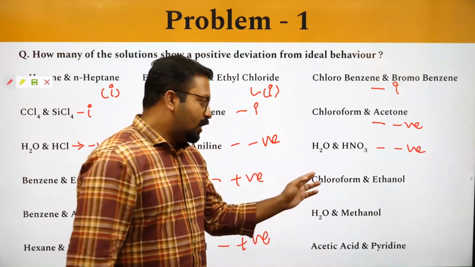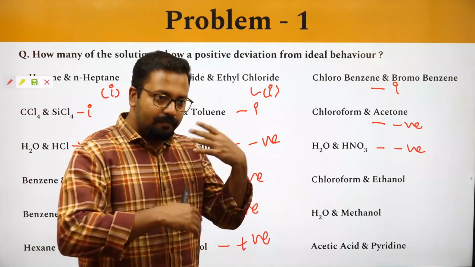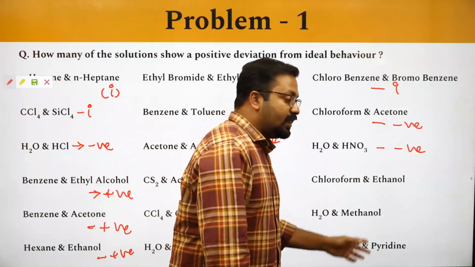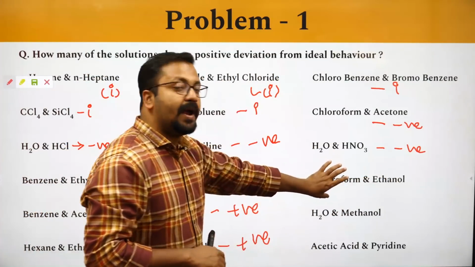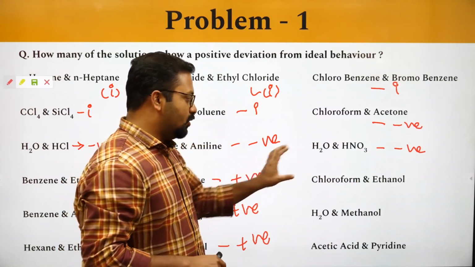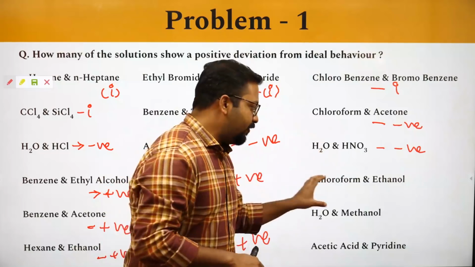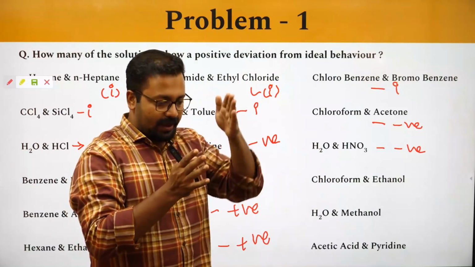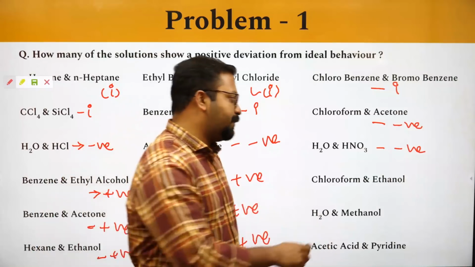Chloroform ethanol. Chloroform has less degree of dipole-dipole interaction. Ethanol more degree of dipole, like hydrogen bonding होता है, यहाँ पे hydrogen bonding उतनी नहीं है. So lesser degree of interaction, more degree of interaction. If chloroform comes between two ethanol molecules, interaction is disrupted.